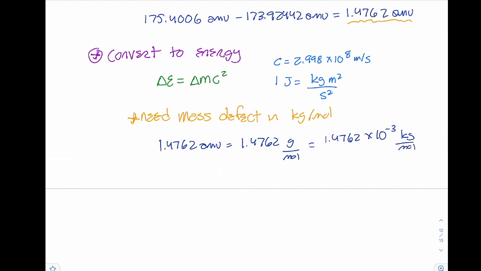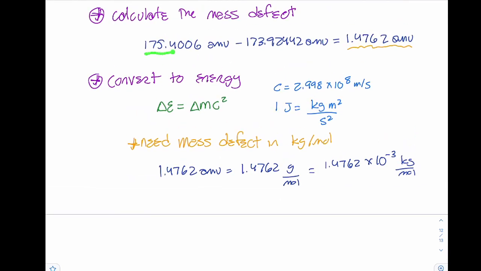So that's the value that we're going to plug in for mass here. That's my change in mass. We subtracted, we got our change. We are just assuming that atomic mass units and grams per mole are directly proportional to each other, and then converted from grams per mole to kilograms per mole.